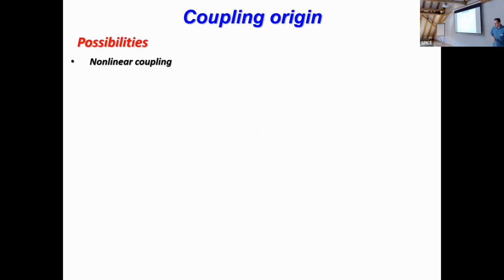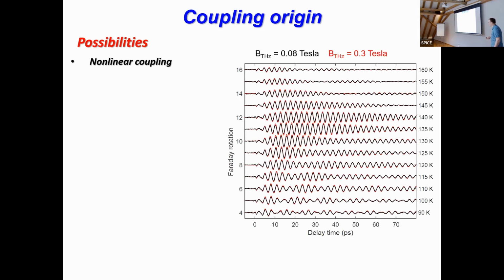Okay, so one of the possibilities is that our strong field is enough to drive the system into the nonlinear regime. And maybe in that case, the nonlinear coupling terms arise. However, we performed our experiments for very different terahertz driving field amplitudes.